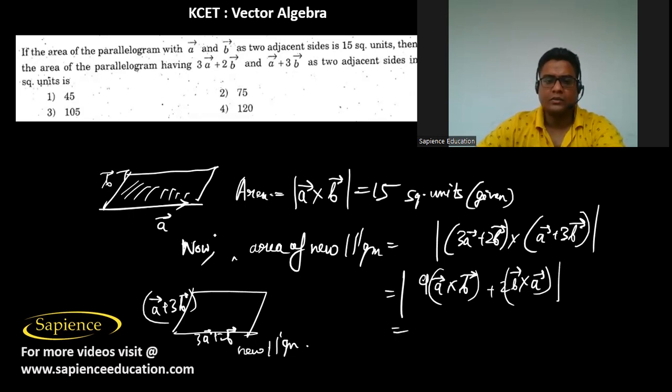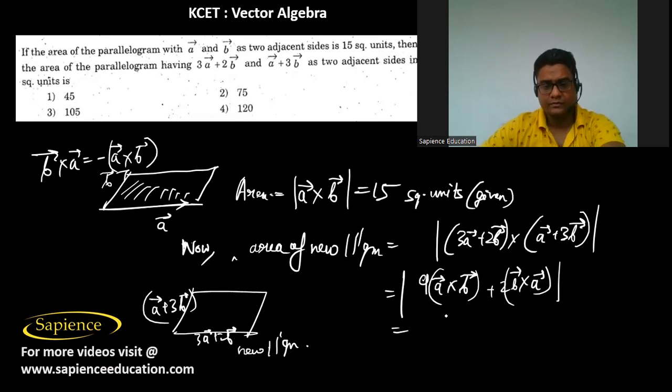So now we also know that B cross A is equal to minus of A cross B, since cross product is not commutative. It will be minus of A cross B.